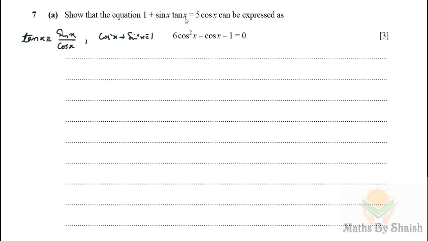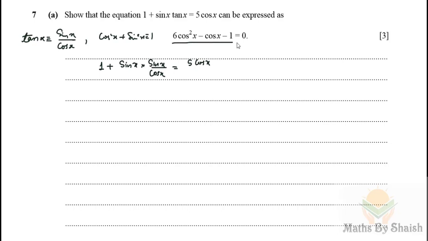So here we can see tan x. So first of all we'll convert tan x into sin x over cos x. So we will get (1 plus sin x) into sin x over cos x is equal to 5 times cos x.